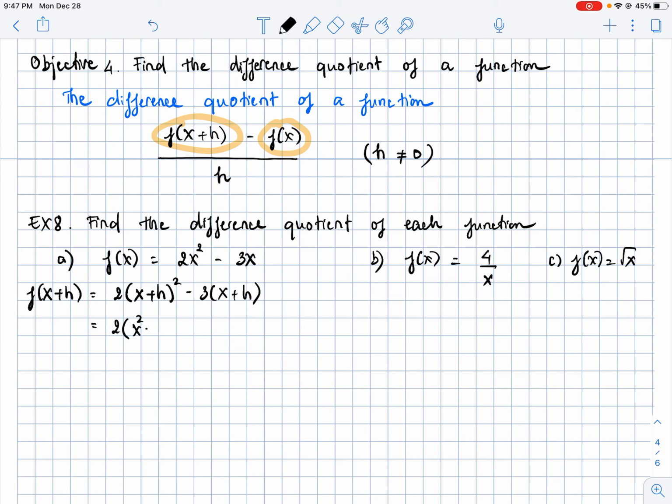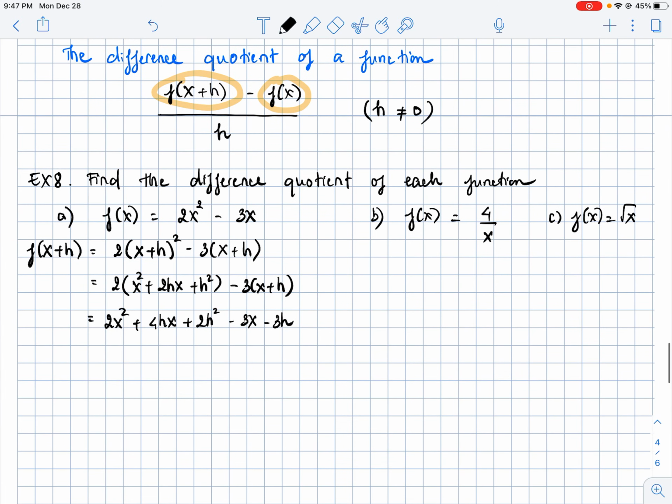And then we simplify this, so we get 2 times x squared plus 2hx plus h squared, minus 3 times x plus h. Then I open parentheses. We do not have any like terms to combine, so we just leave it like that.